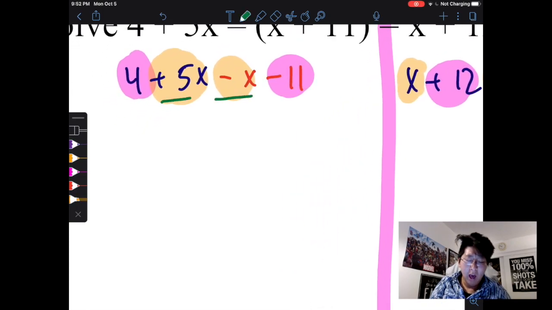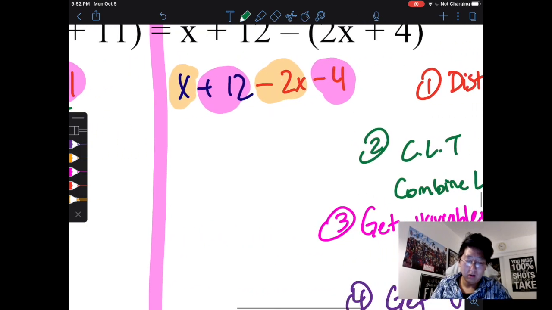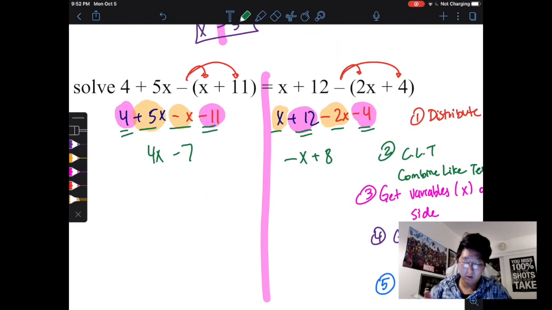What do I get? 5x minus x is 4x. And 4 minus 11 is negative 7. Over here, x minus 2x is negative x. And then 12 minus 4 is plus 8. So we went ahead and combined like terms.